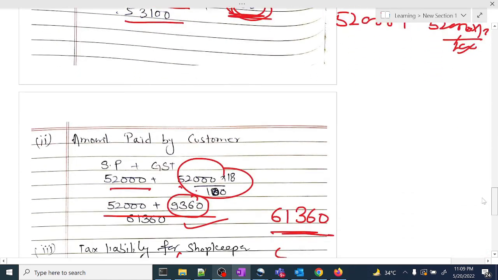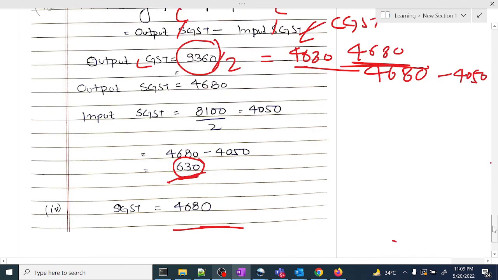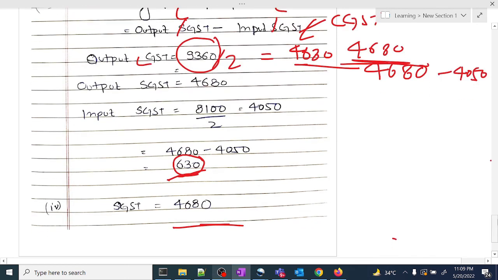Output GST had two components. One was the central government component, which is received by the central government, and this is received by the state government, right? So if someone asks the total amount of money the state government got as tax in this transaction, it is 4,680.